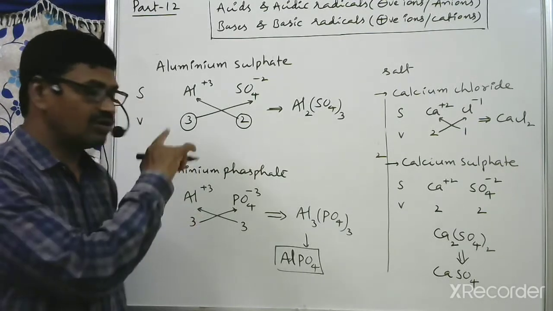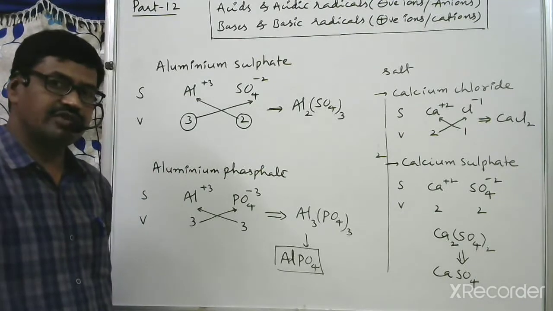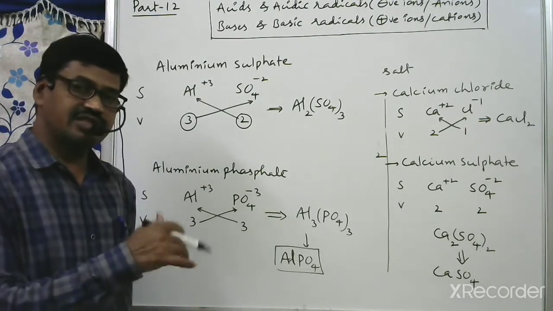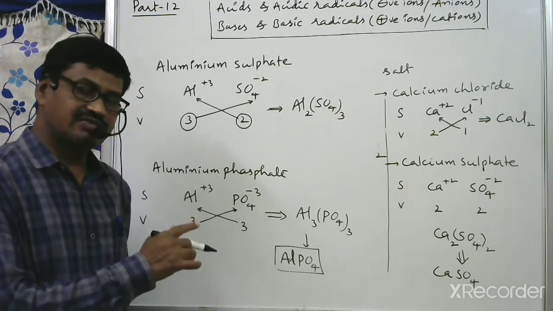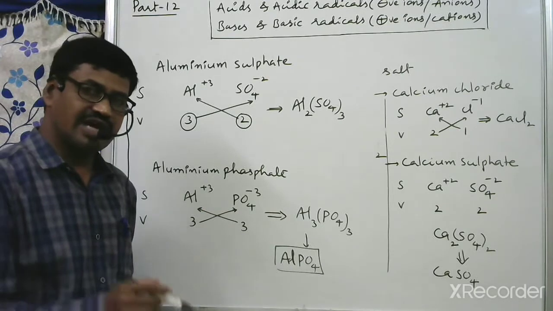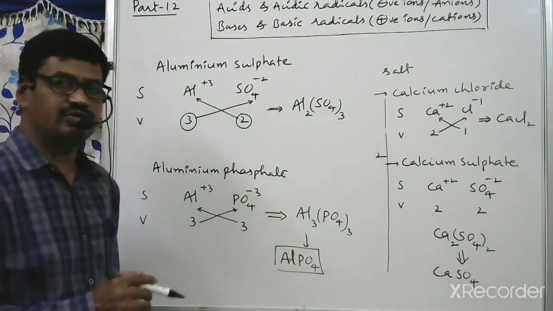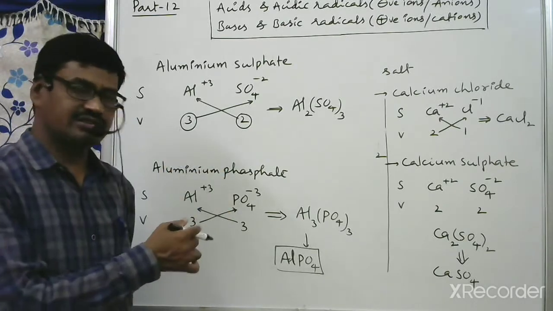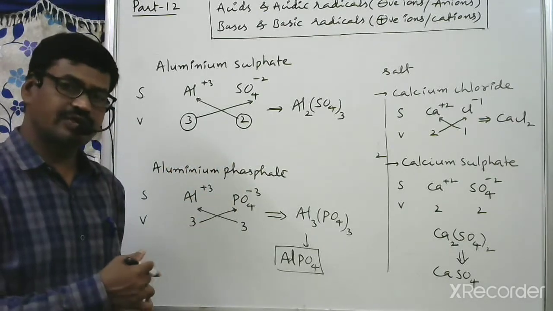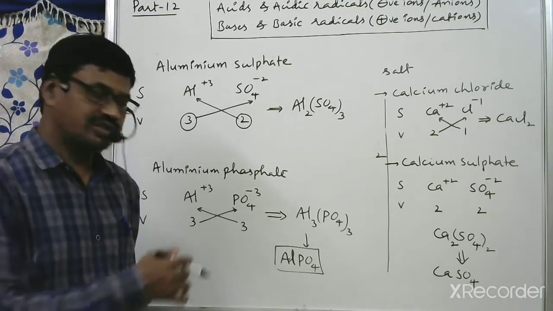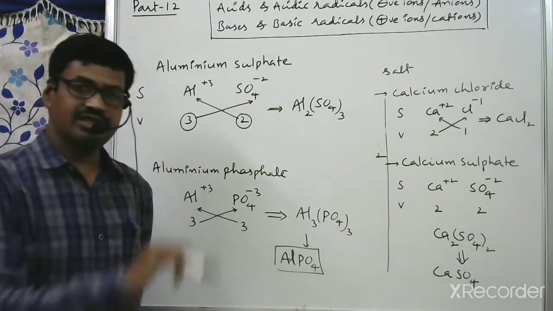You should know all the names of acids, all the names of bases, the acidic radical names, basic radical names, and which ions will take the A term, which ions will take the I term, which ions will take the IUM term. All these you have to practice. Write many formulas, using these concepts, and practice on your own. You'll get more clarity. So this is about writing chemical formulas.